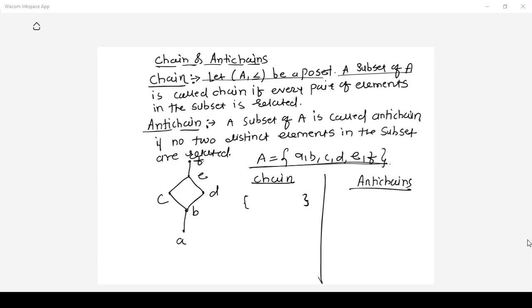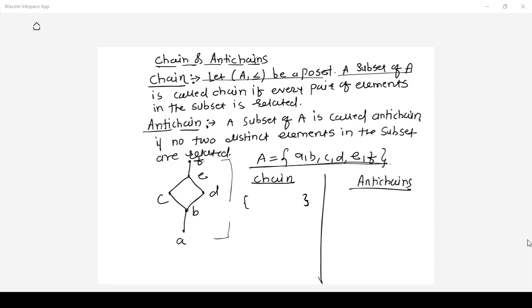It should show some relation, and that is already shown in the Hasse diagram. To write the chain, first you need to show that the relation is a poset or partial order relation, and show that relation in the Hasse diagram, and then you can write the different chains.